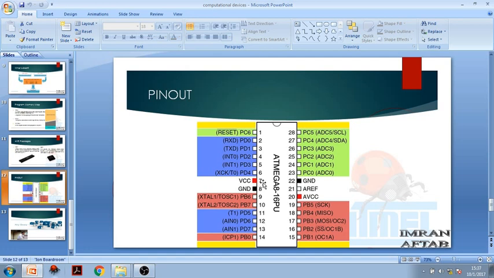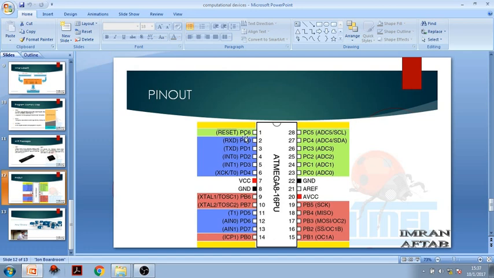Here we need to connect VCC, ground, and here this power supply is for the ADC. We will discuss these pins in detail while discussing the ADC, that means analog to digital converter. First of all we will discuss the general purpose input output pins.